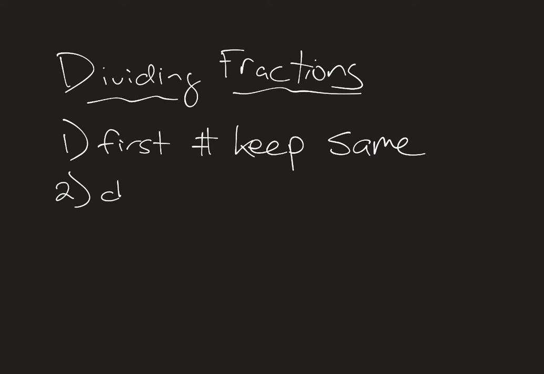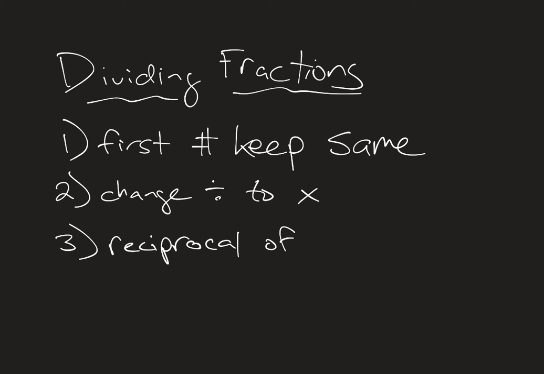Then we're going to change division to multiplication. And then we're going to take the reciprocal of the second fraction. And this is the new problem that we are going to solve. So instead of dividing fractions, we're actually going to multiply by the reciprocal.